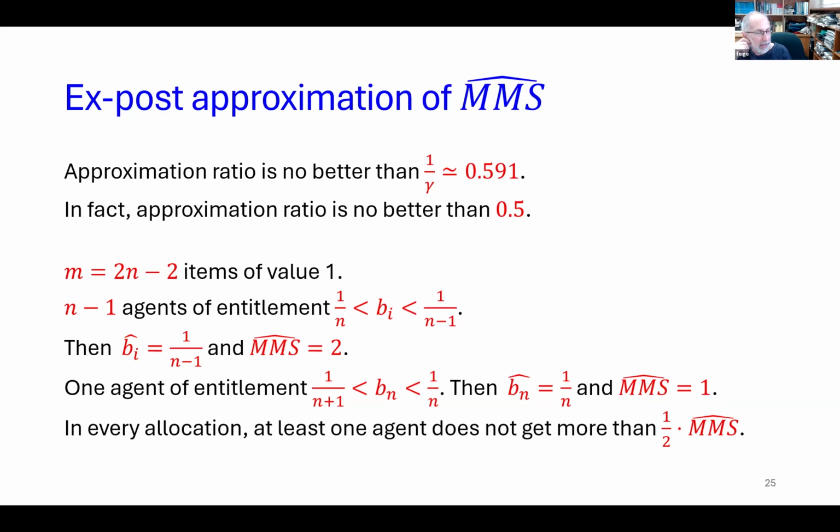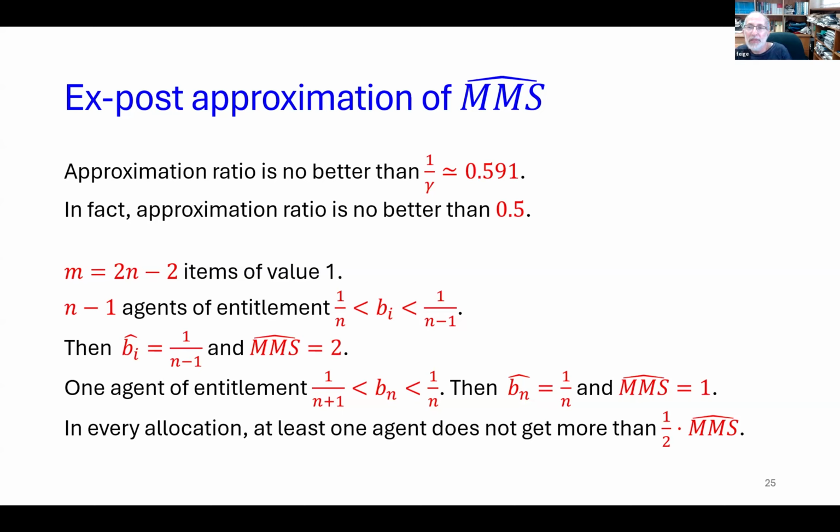And here's an example. Suppose that m, the number of items, is 2n minus 2, and they're all of equal value. And there are n minus 1 agents of entitlement slightly larger than 1 over n, but smaller than 1 over n minus 1. So you round up their entitlement to 1 over n minus 1.